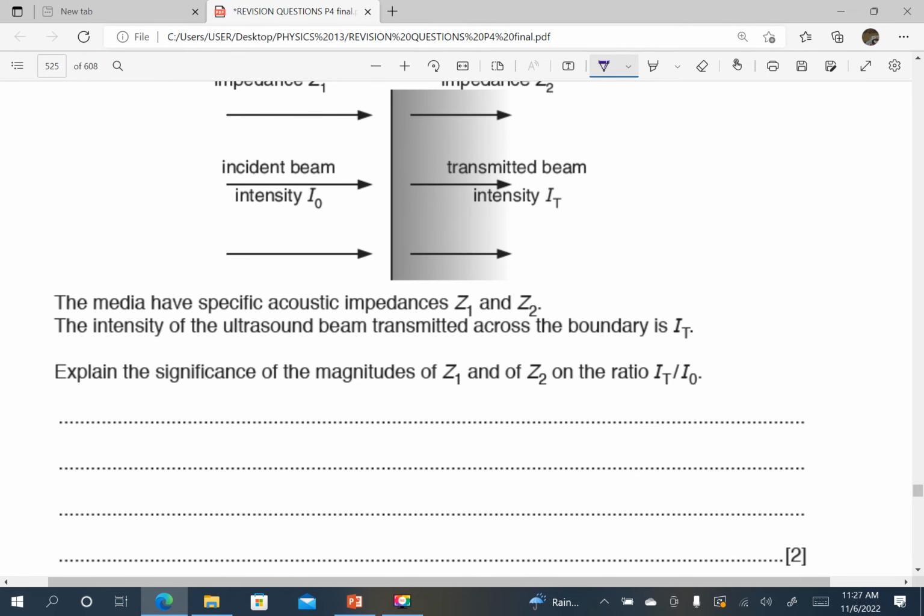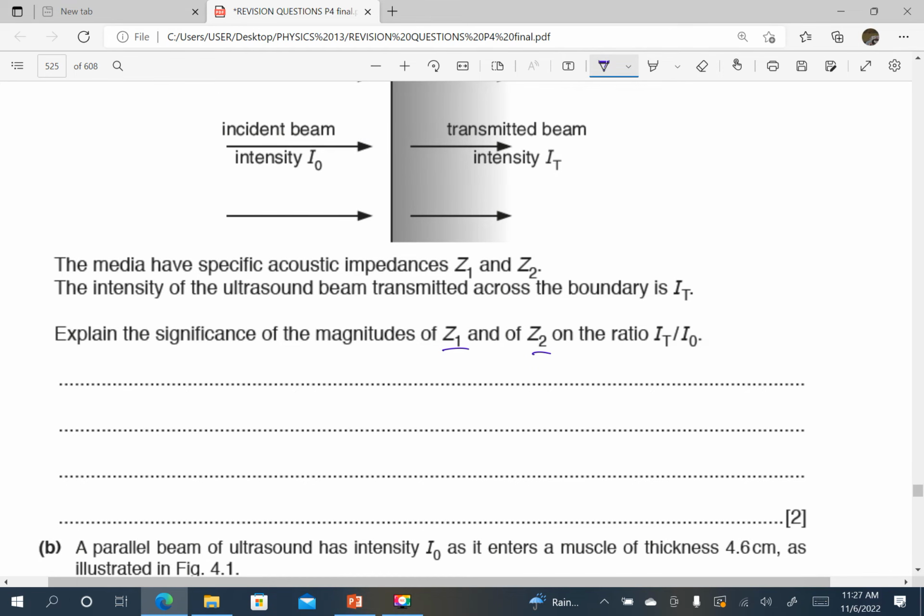Explain the significance of the magnitudes of Z1 and Z2. Of course, we have already seen the significance. If they are exactly the same, the difference is approximately zero. It means there is almost no reflection.